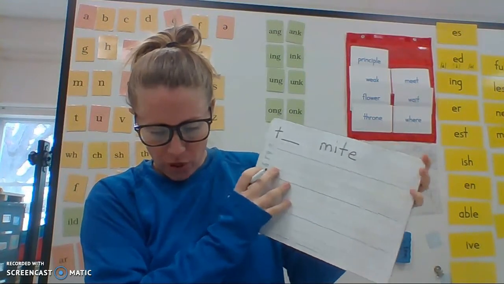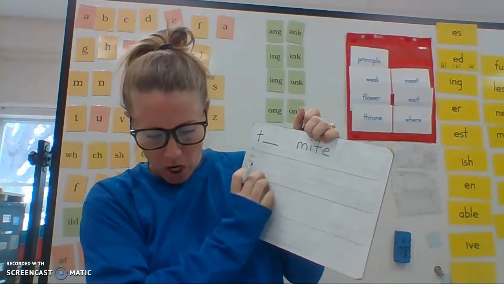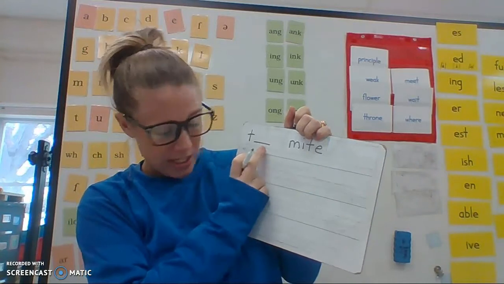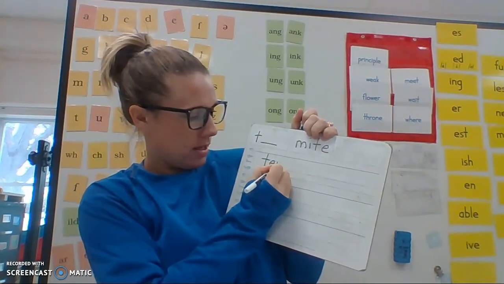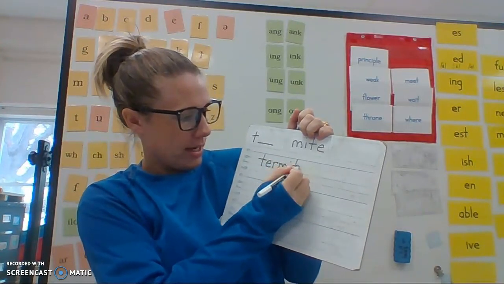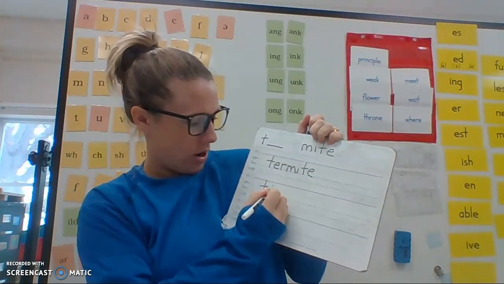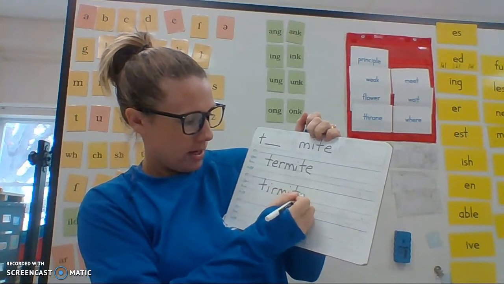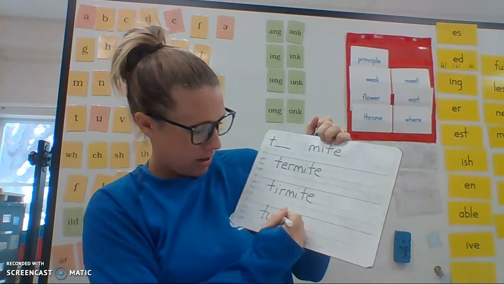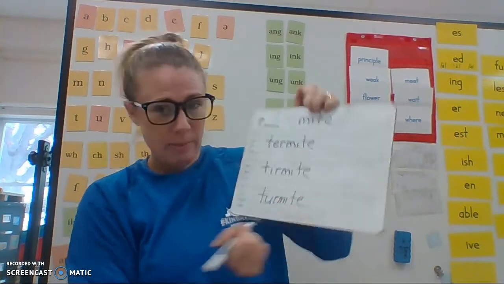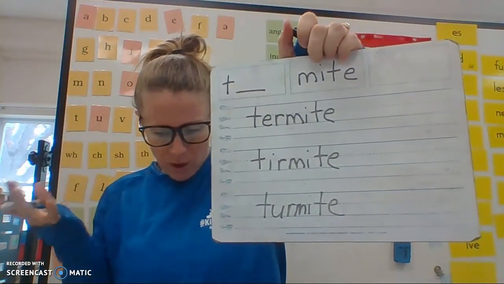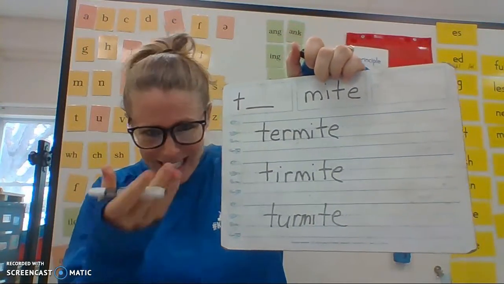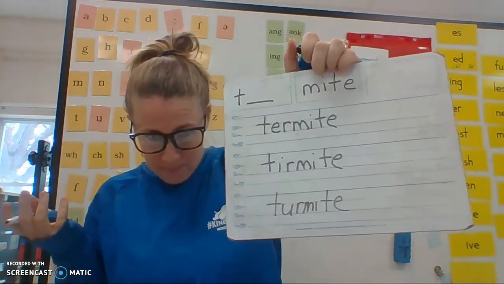Okay. So you can kind of go below and think, what are your choices for /er/? Well, it could be ER, termite. It could be IR, termite. It could be UR, termite. So you want to write them all out and then you want to look. Does one of them, do you recognize which one's the right one?